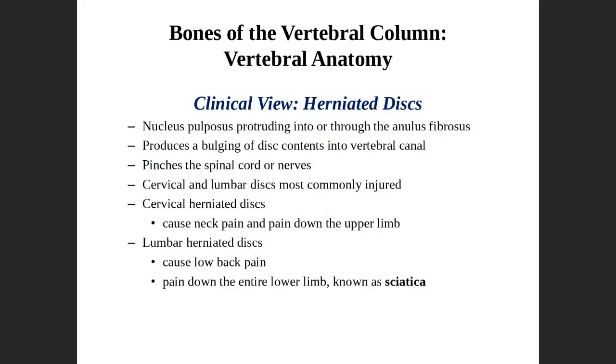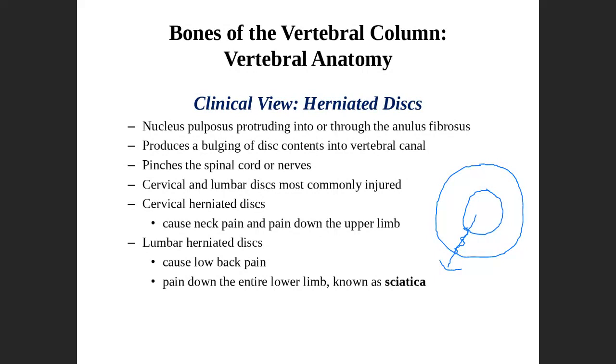Herniated discs, like I was saying, think of it as a donut. So at the center of our donut is the nucleus pulposus. You get a weakness in the annulus fibrosus, that fibrocartilage, and then the disc material squirts out. And if it squirts out in a specific area, like in your neck, you can get arm pain, shooting pain down your arm, weakness in your hand, numbness and tingling.